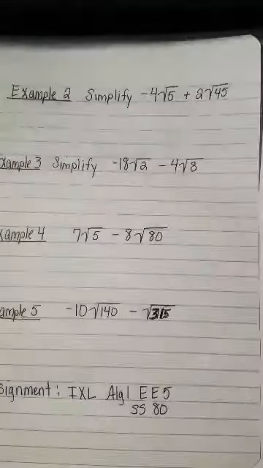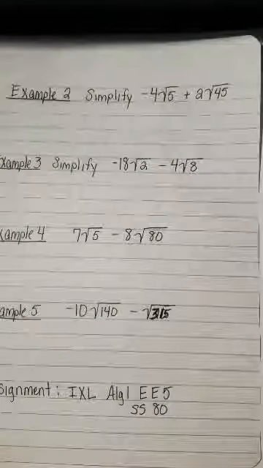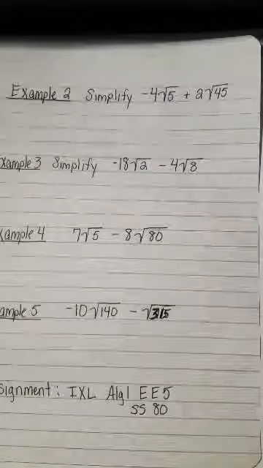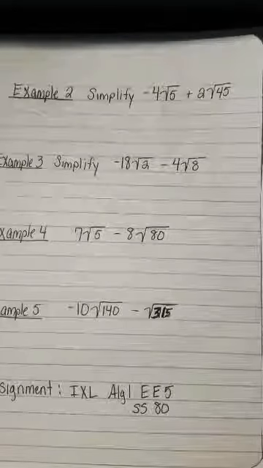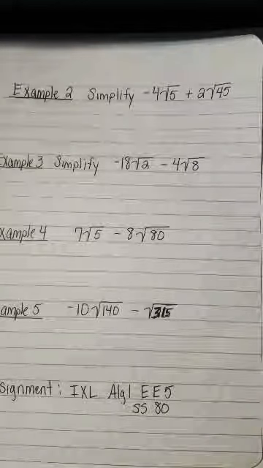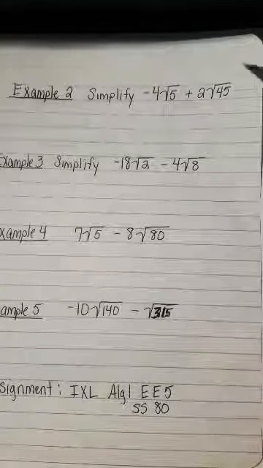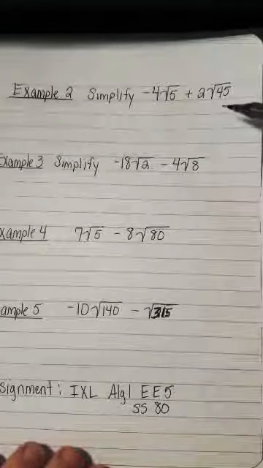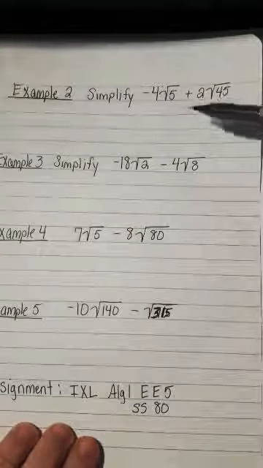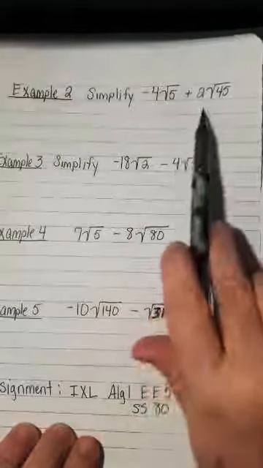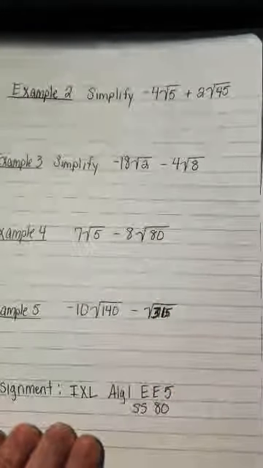All right, so let's go on to example 2. Let me make sure that's in view so you can see it. Now, if you look at example 2, you have negative 4 on the square root of 5 plus 2 on the square root of 45.